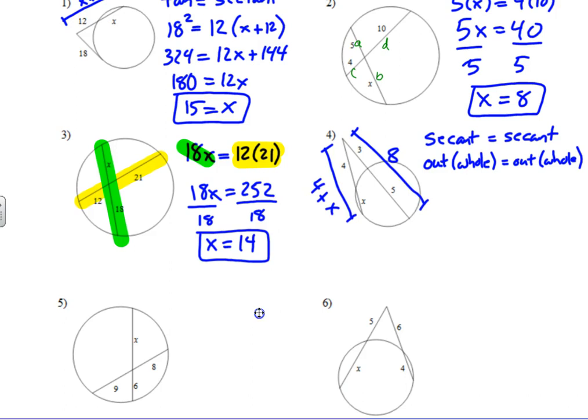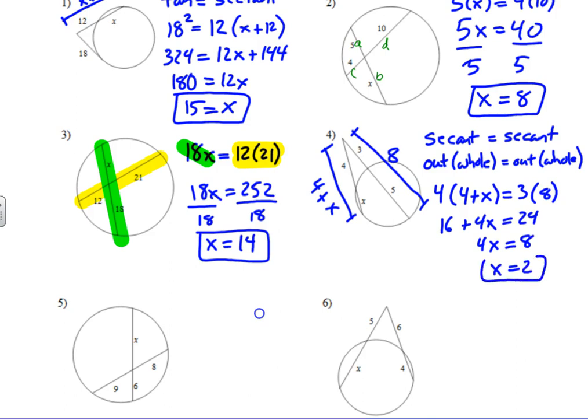So if we did 4 times 4 plus x equals 3 times 8, we get 16 plus 4x equals 24. When we subtract 16, we get 8. So x would be 2. That would be that interior length.